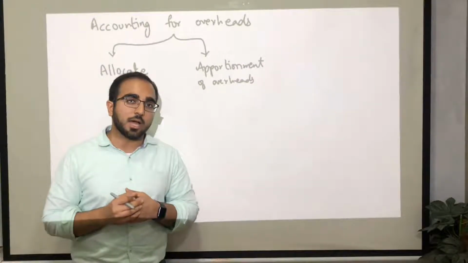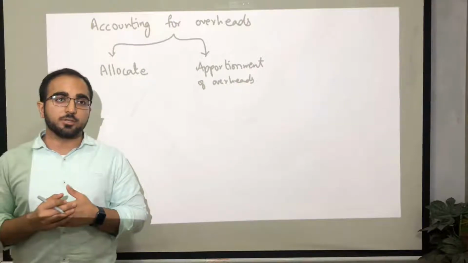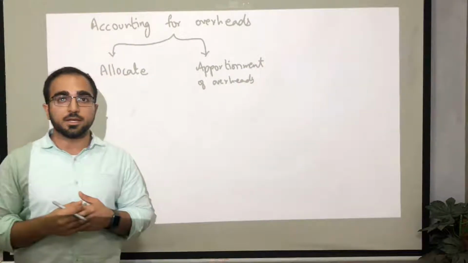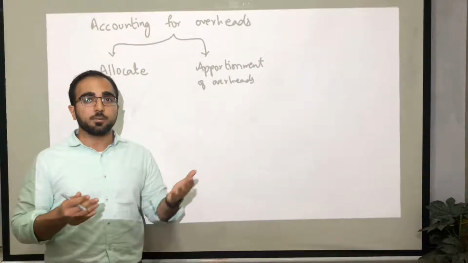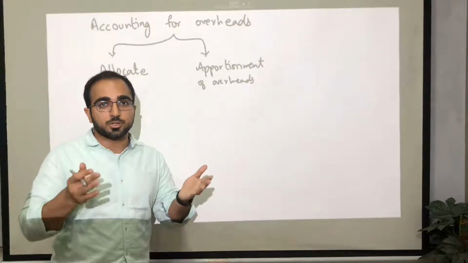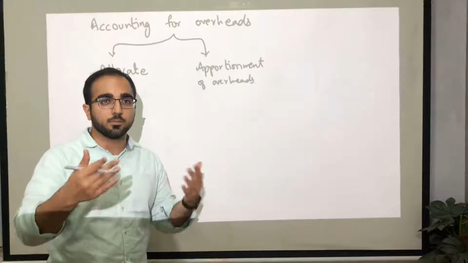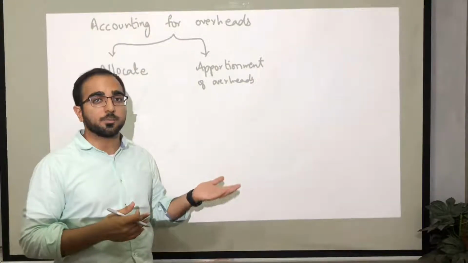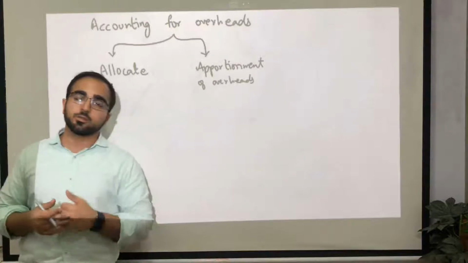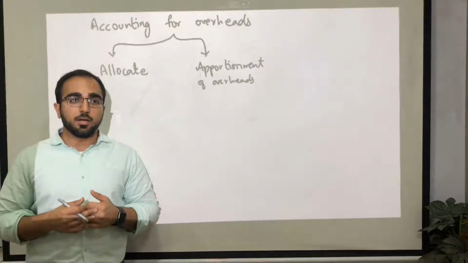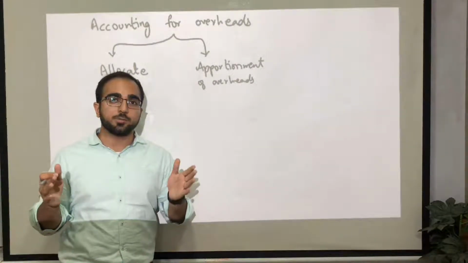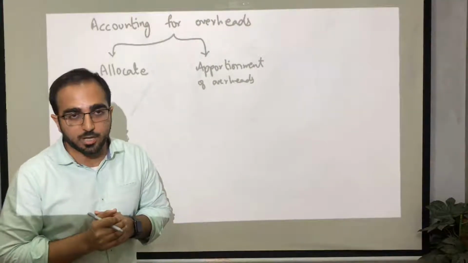For instance, if you have a rental cost of, let's say, 90,000 in total, and you have three departments, you will apportion it based on the floor area. The higher the floor area, the more rental is charged to that department. I'll come to an example on that as well. So for all those overheads, we need to apportion them to their respective departments.